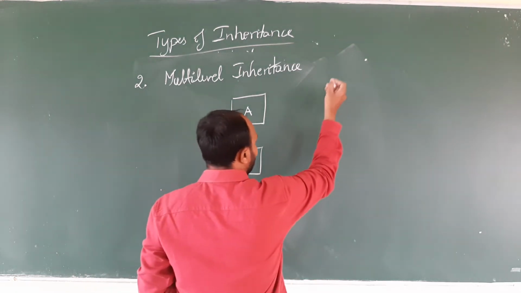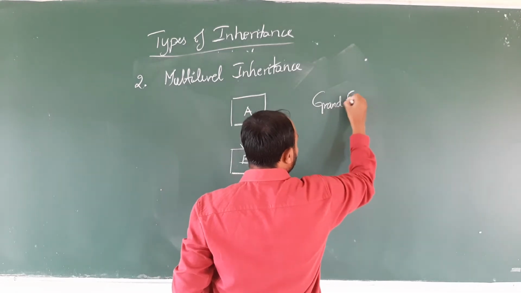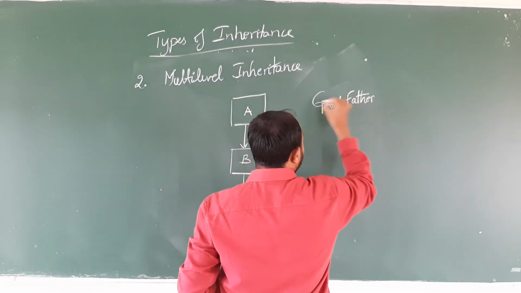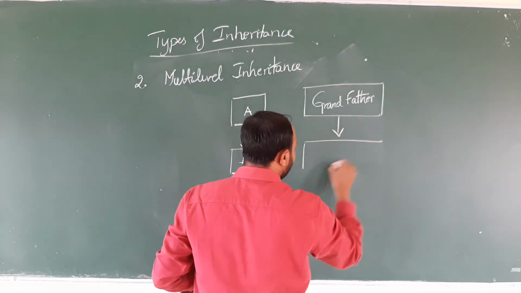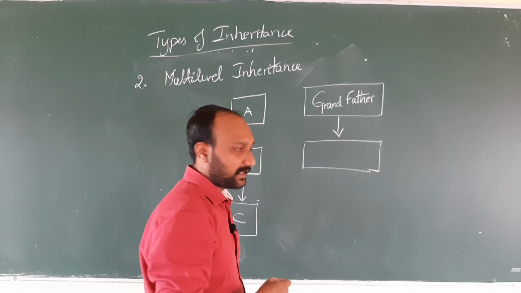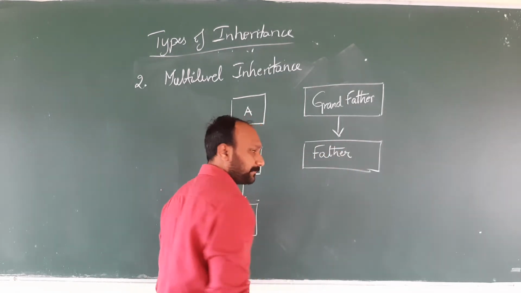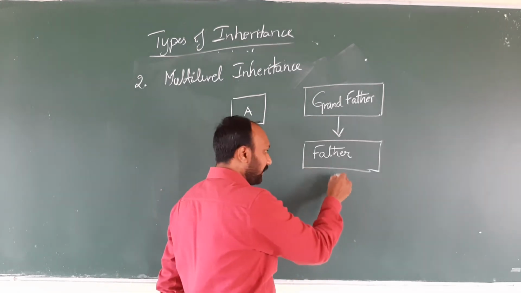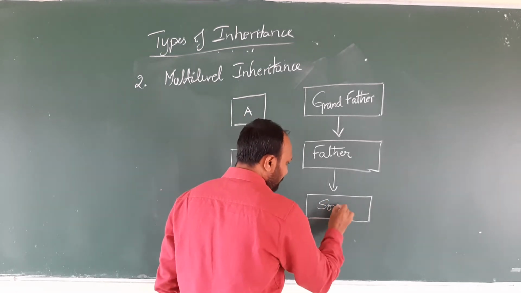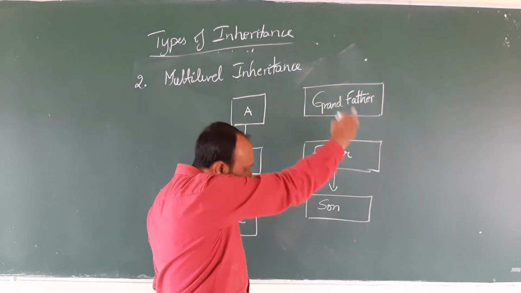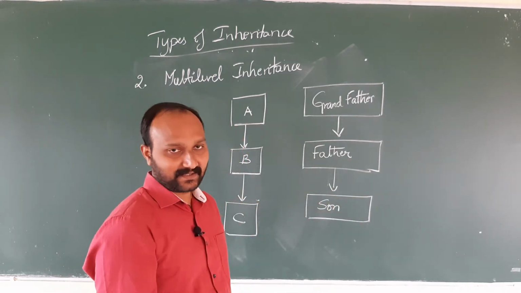So, the example I can give you is, let us say that there is a class by the name grandfather. From the class grandfather, if I derive a class, the class name is father. From this derived class, if I derive one more class by the name son, then this type of inheritance is referred to as multi-level inheritance.